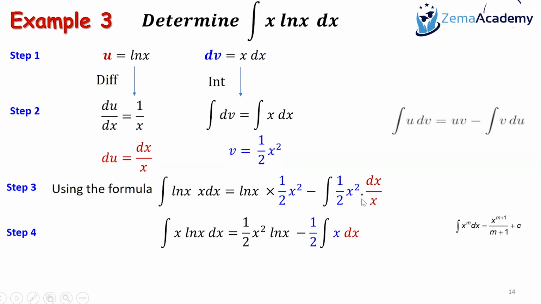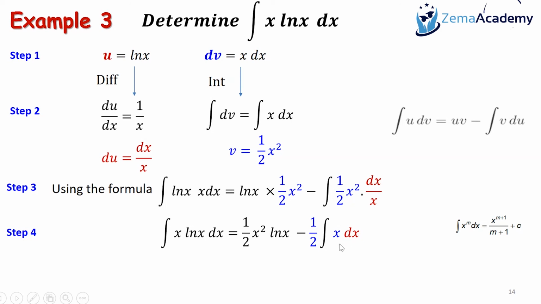And hence, when this x cancels out, what you are left with is this term, which is half x square times log x, minus, I have taken the constant, 1 by 2, out of the integral sign, and what is left over after cancelling one x is x.